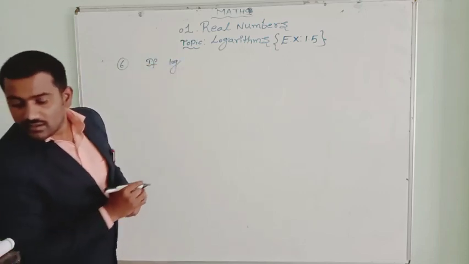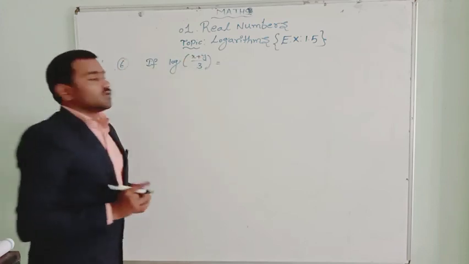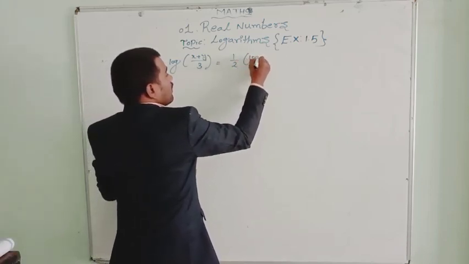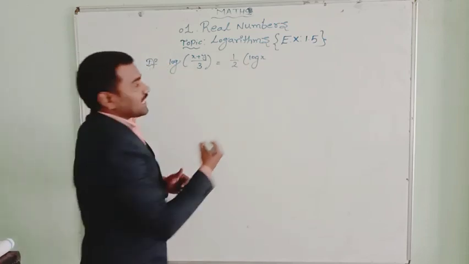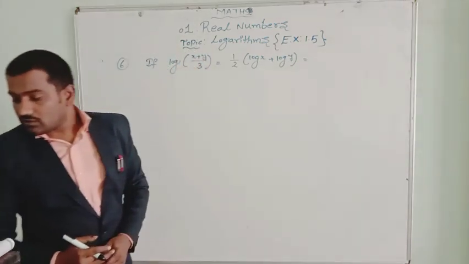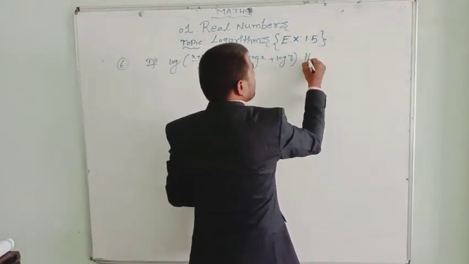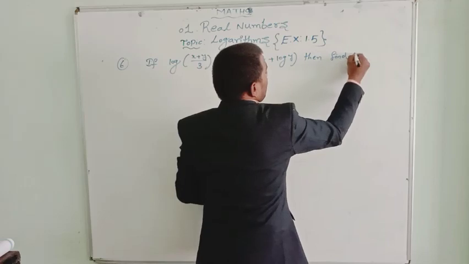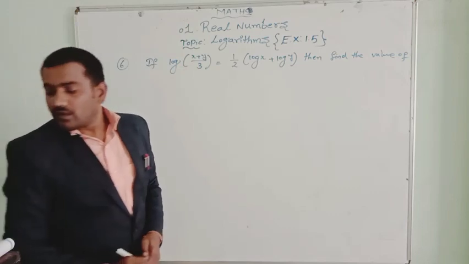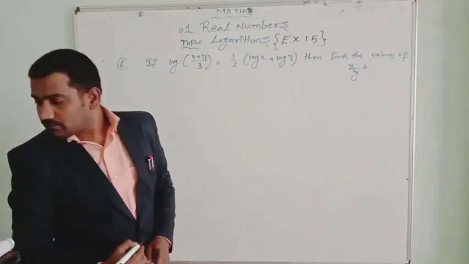If log of (x plus y) by 3 equals 1 by 2 (log x plus log y), then find the value of x by y plus y by x.